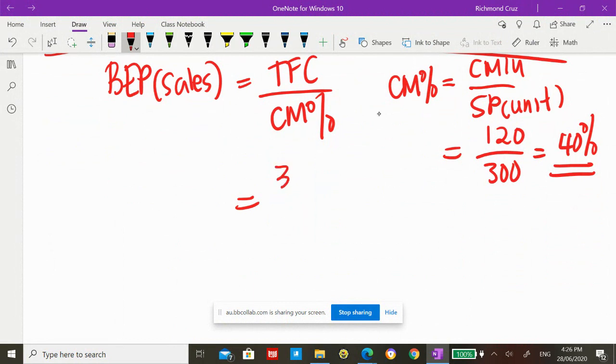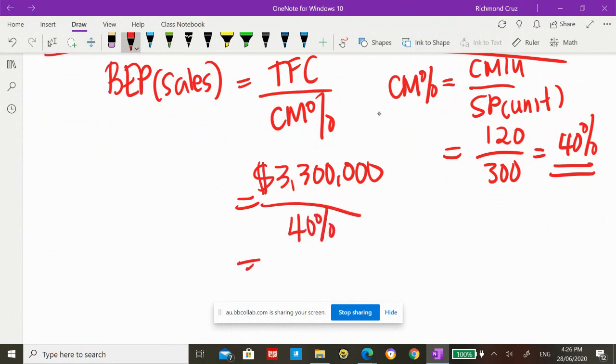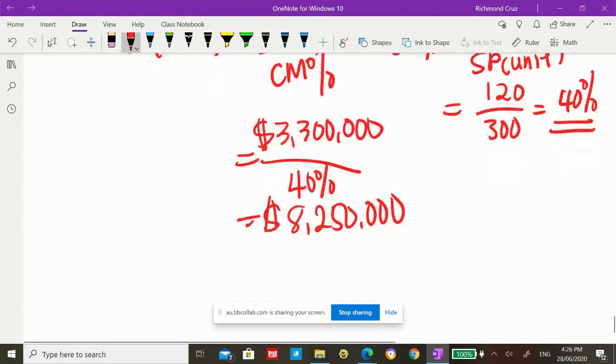So, that will be 3,300,000. Remember, this is dollar. I-divide ko ng 40%. Hindi makakancel yung dollar sign. So 3,300,000 divided by 40%, that will give me 8,250,000. Ay, sorry, dollars ba to? Oh sorry, this is peso pala.